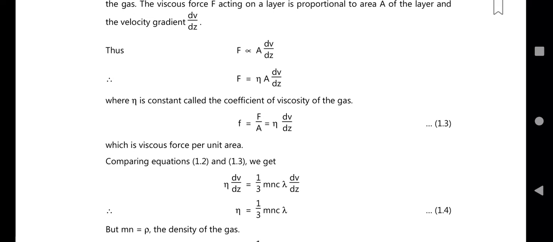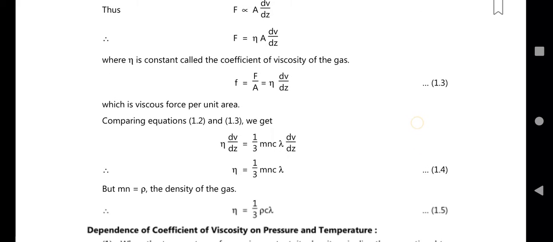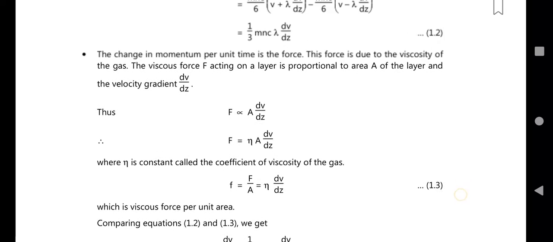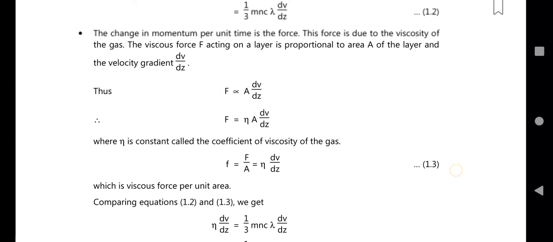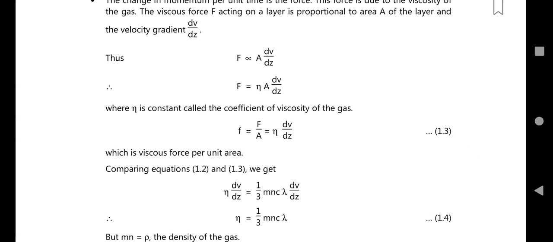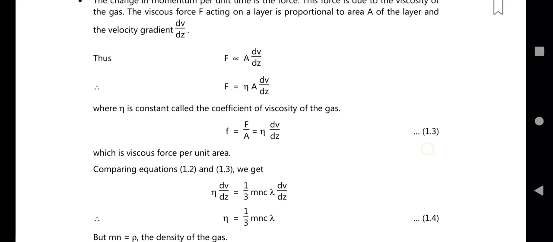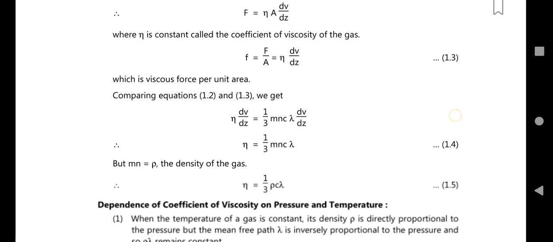Therefore we know that the viscous force per unit area, small f equals F upon A equals eta into dv upon dz. Now if we compare equations 1.2 and 1.3, we get eta dv upon dz equal to 1/3 nmc lambda dv upon dz.